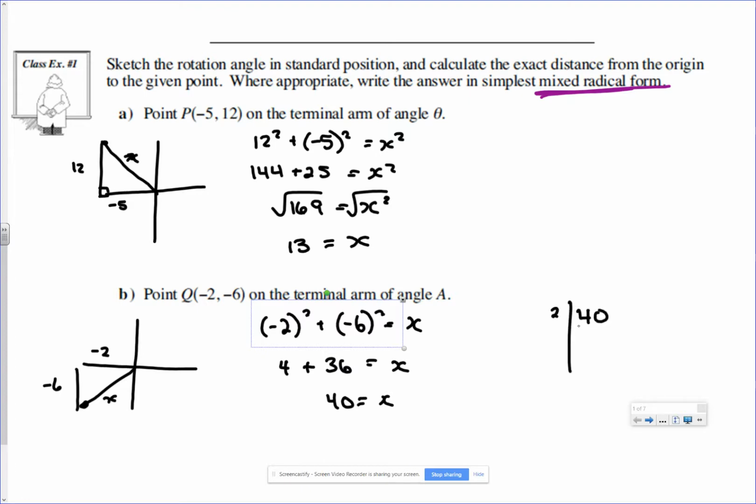So 40 divided by 2 is 20, divided by 2 is 10, divided by 2 is 5, divided by 5 is 1. I can take out a group of 2, and I'm left with a 2 and a 5. So that would be 2 root 10 equals x. So that's how we can essentially use the Pythagoras theorem and what we've been learning about right angle triangles on a circle.